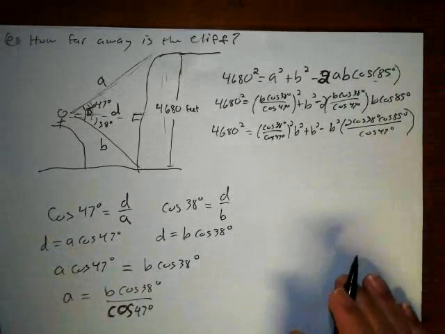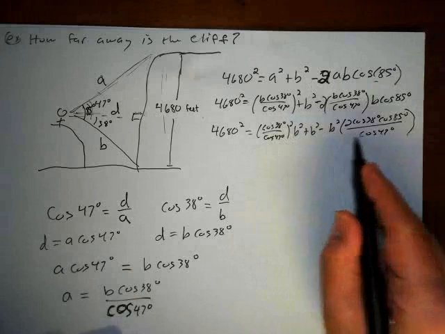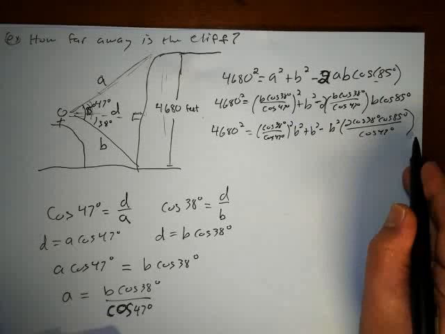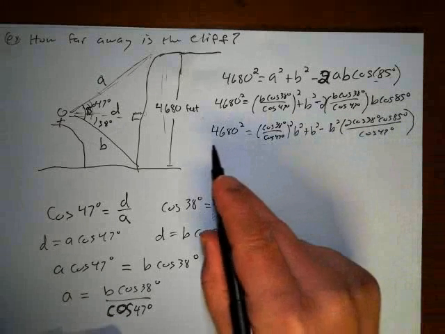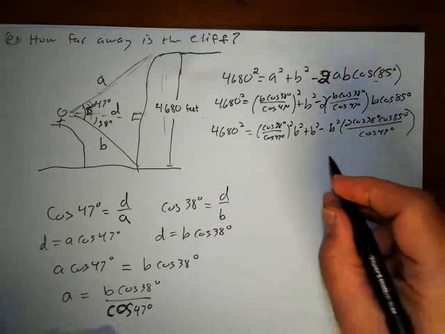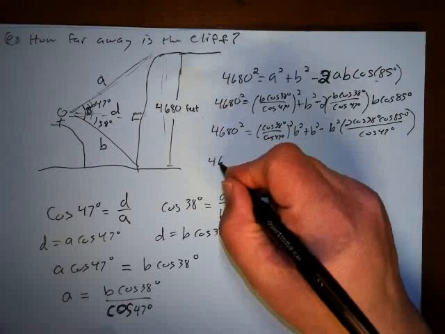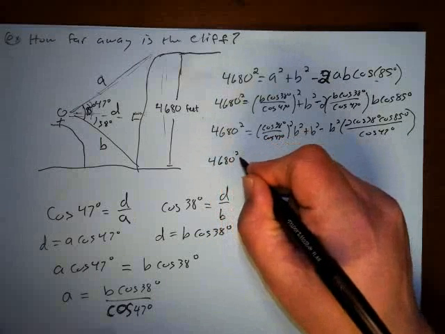Wow, all of that. And the reason I do this is I can now pull out a b squared, and then I can divide this side by everything that remains over here. So I'll go ahead and write that out just to make it clear.